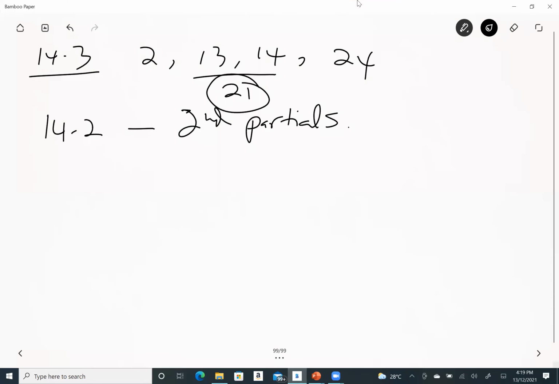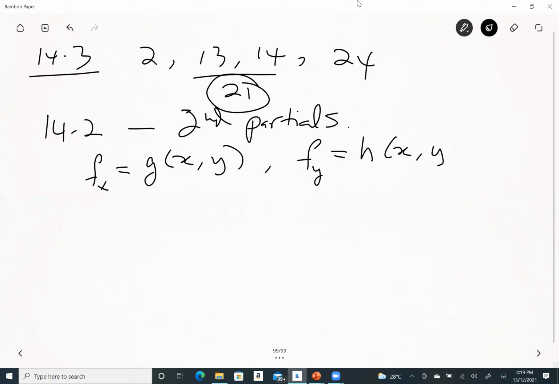So let me continue here. You have fx, which is a function of x, y. Similarly, the partial derivative of the function with respect to y is also a function of x and y.